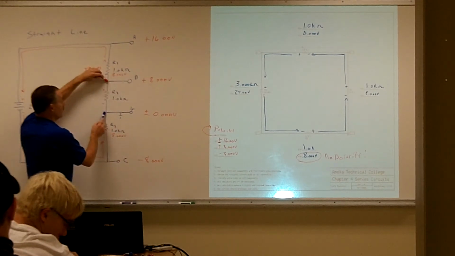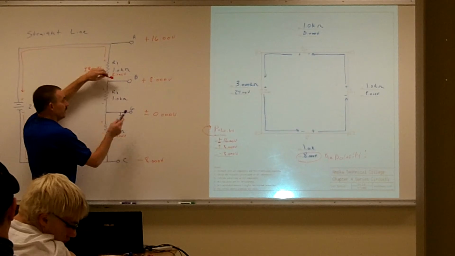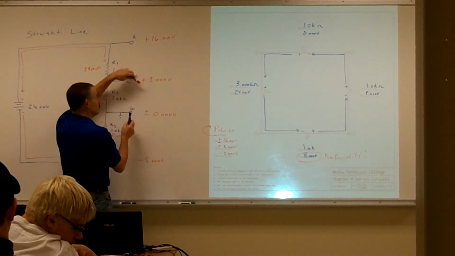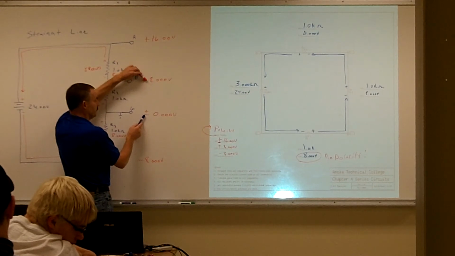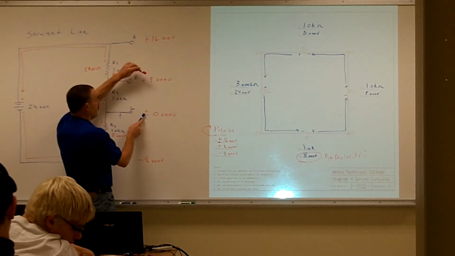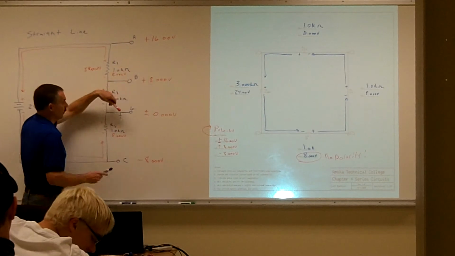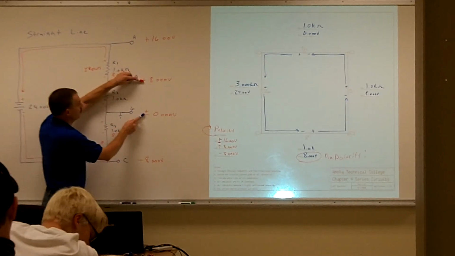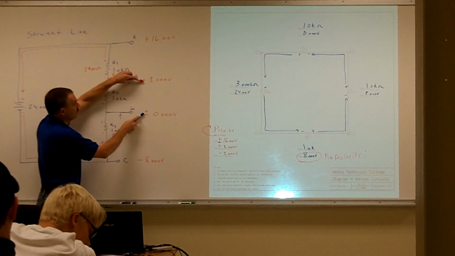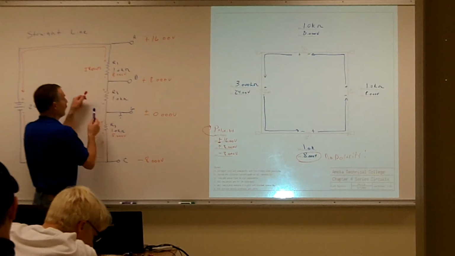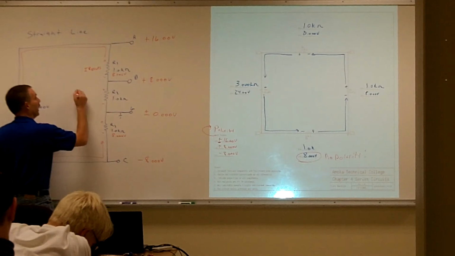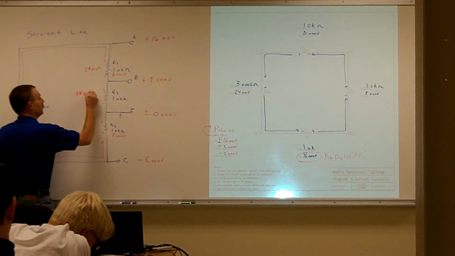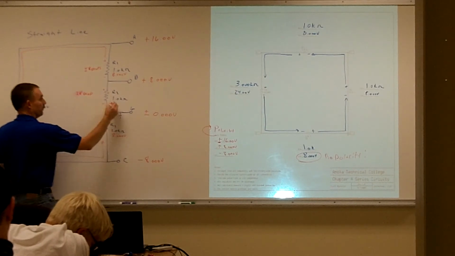So to determine that voltage drop across that component, I'm just going to take the potential difference, and this is where we use that word potential difference for our voltage, between my ground and my test point B. And what's my potential difference between ground and B? Yep, now we're looking at it, we're trying to find a voltage drop. You're on the right track, but I'm looking for my IR drop across R2, and I get 8 volts.